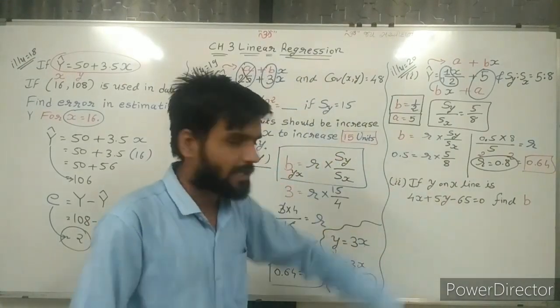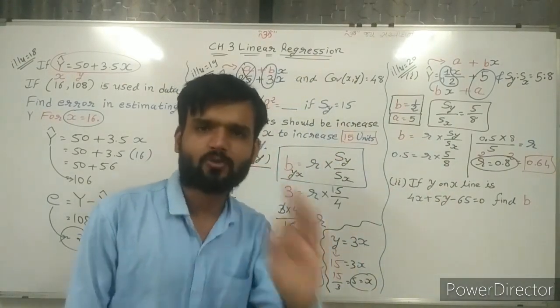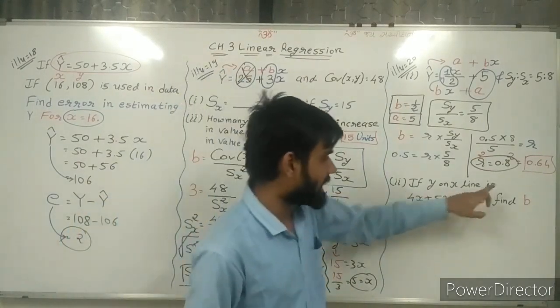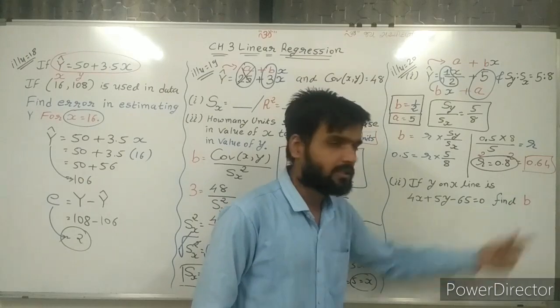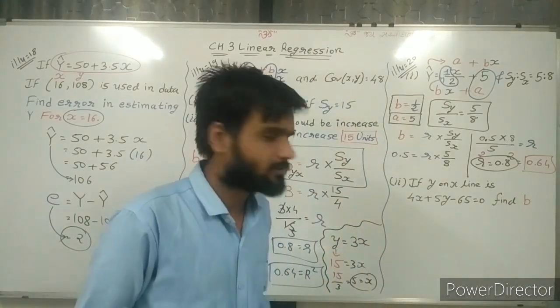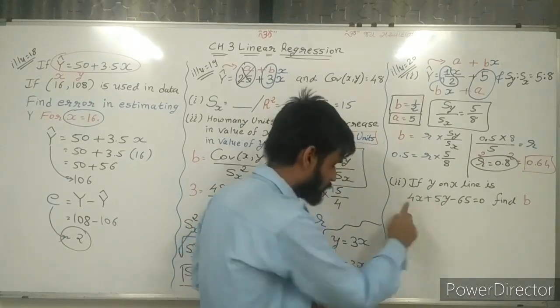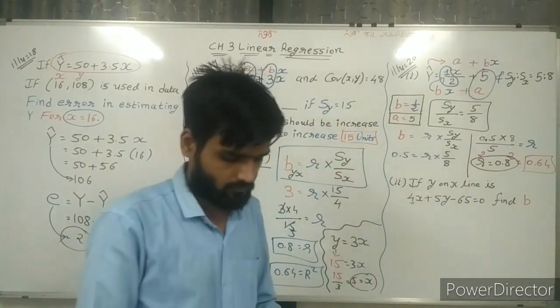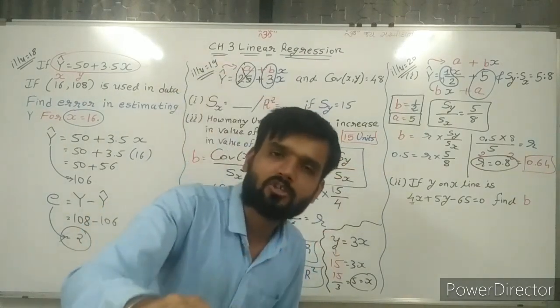Now second question and last question for this lecture. If y on x line is this, find b. As a student, what are you doing? Sir, coefficient of x is what? What is given with x? 4. B is equal to 4. 100% wrong.